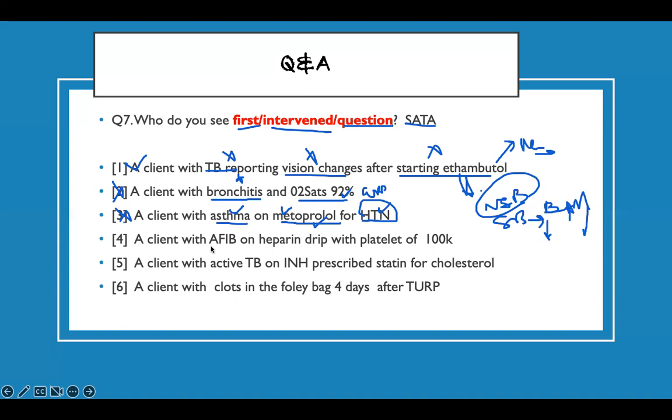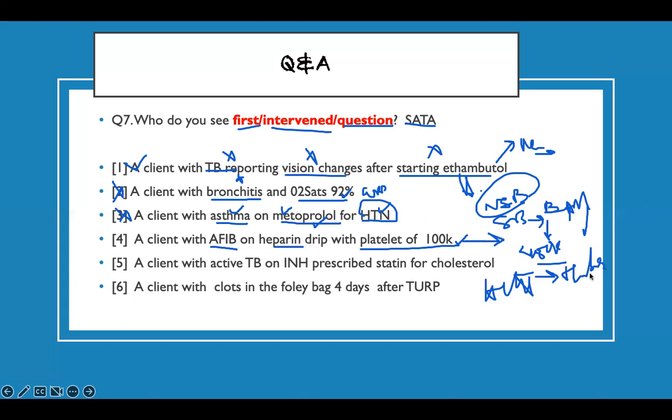A client with AFib on a heparin drip with a platelet count of 100,000. Do the connection. AFib, heparin, those are your buzzwords. Everything is there. Therefore, with heparin, if the platelets are less than 150,000, that's a problem. This patient has a drop in platelets, that's heparin-induced thrombocytopenia. Is going to have what?